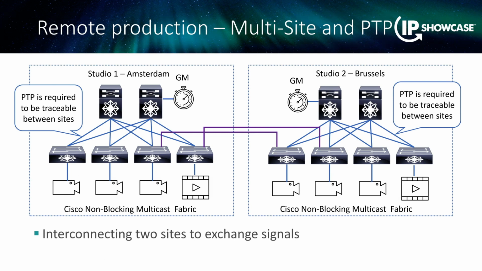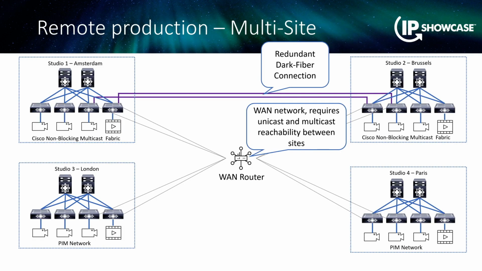And then you could expand the network even over the public internet or a service provider network. So in this case, I do have Amsterdam, Brussels, London, and Paris, all of them talking to each other.